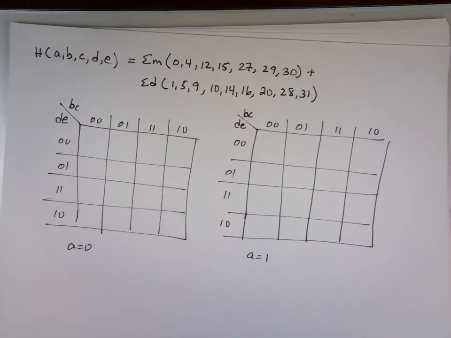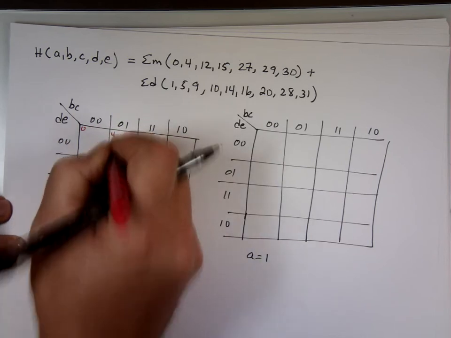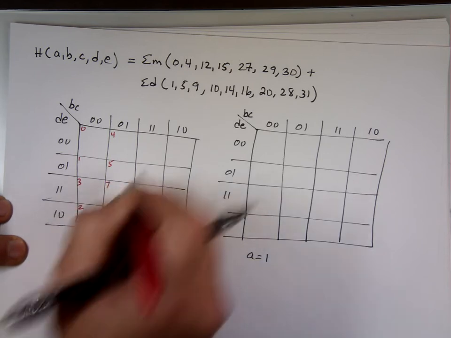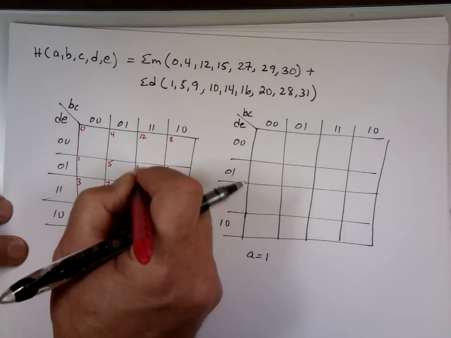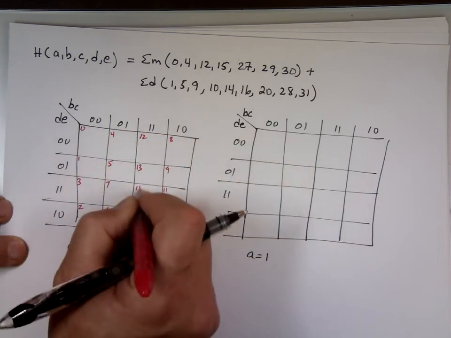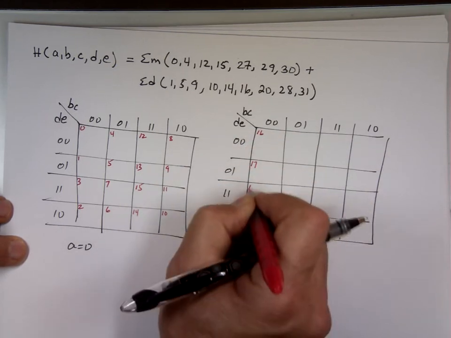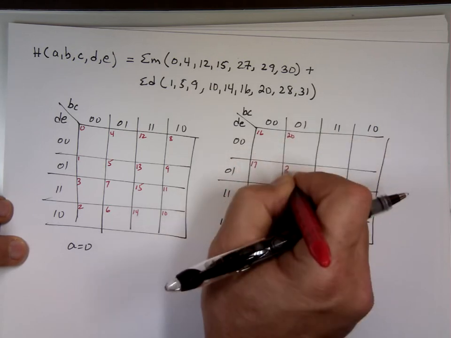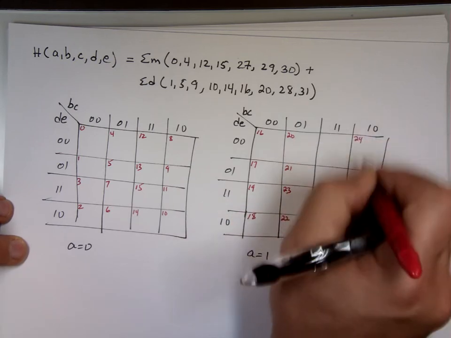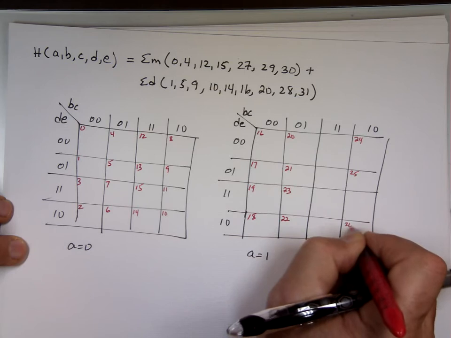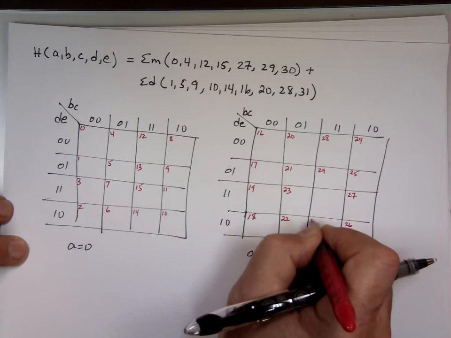Let me number them. 0, 1, 2, 3, 4, 5, 6, 7, 8, 9, 10, 11, 12, 13, 14, 15, 16, 17, 18, 19, 20, 21, 22, 23, 24, 25, 26, 27, 28, 29, 30, 31.